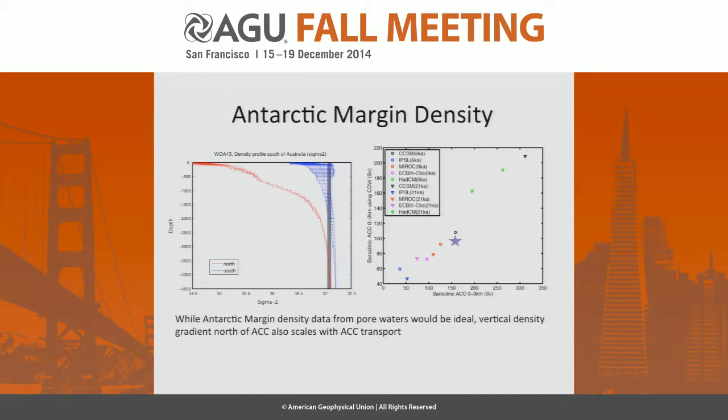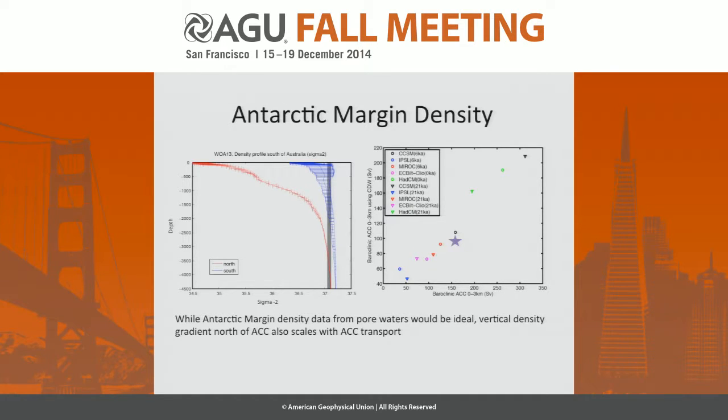So let's look at this leap and see if it really is going to give us an answer that makes any sense. So here, again, we've taken the PMIP LGM and modern ACC, and we've looked at how well we can capture the baroclinic ACC using this estimate that the Antarctic margin is the same density as lower circumpolar deep water.